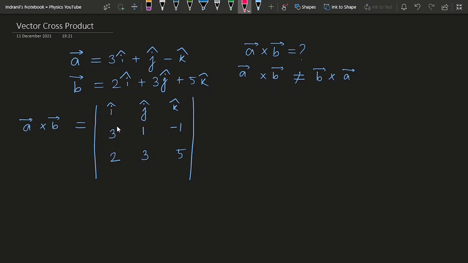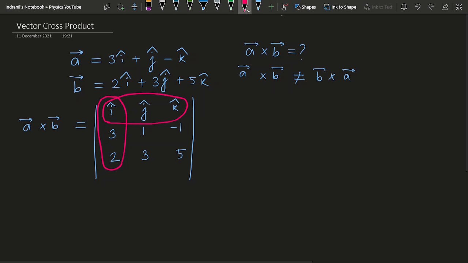Now the important part comes: how we can calculate this. At first we have to fix some of the columns and rows. We fix this row and this column for i cap, because by doing that, what we have in the intersection is i cap, so here we will get the x component. How? Let's see.